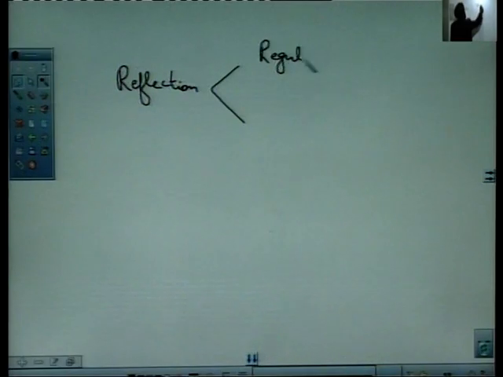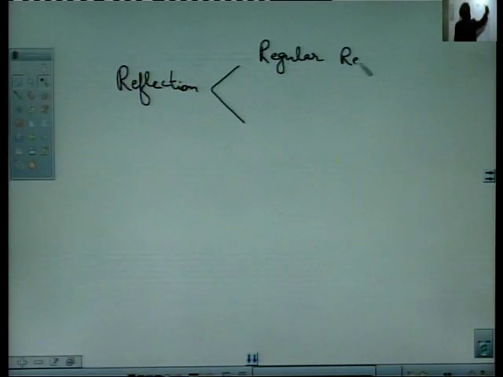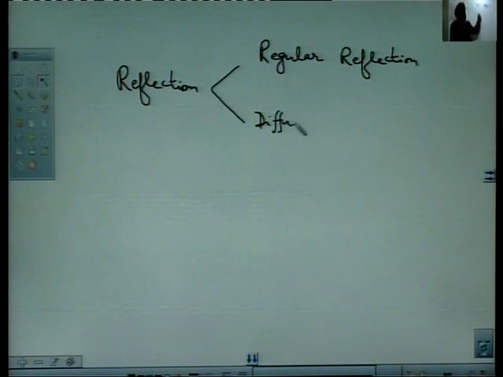Reflection is of two types. One is called regular reflection, another is called diffuse reflection.